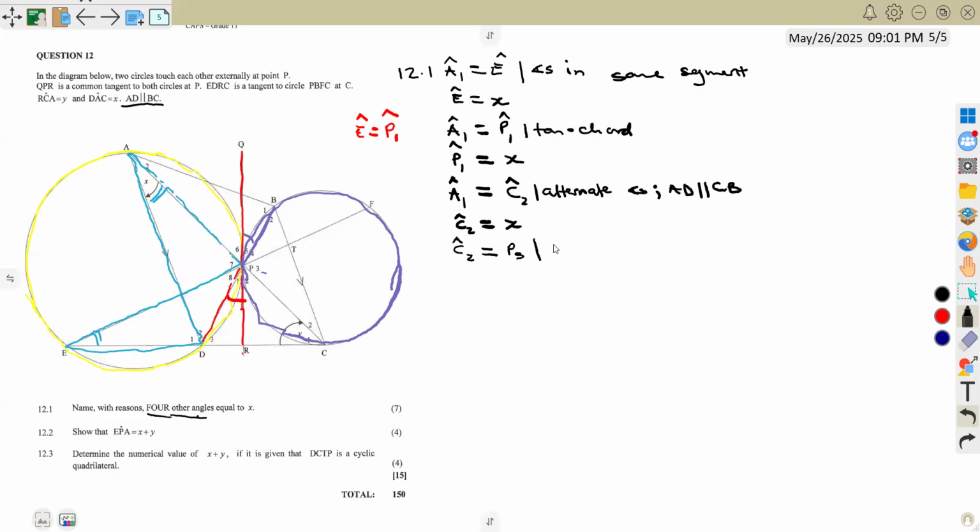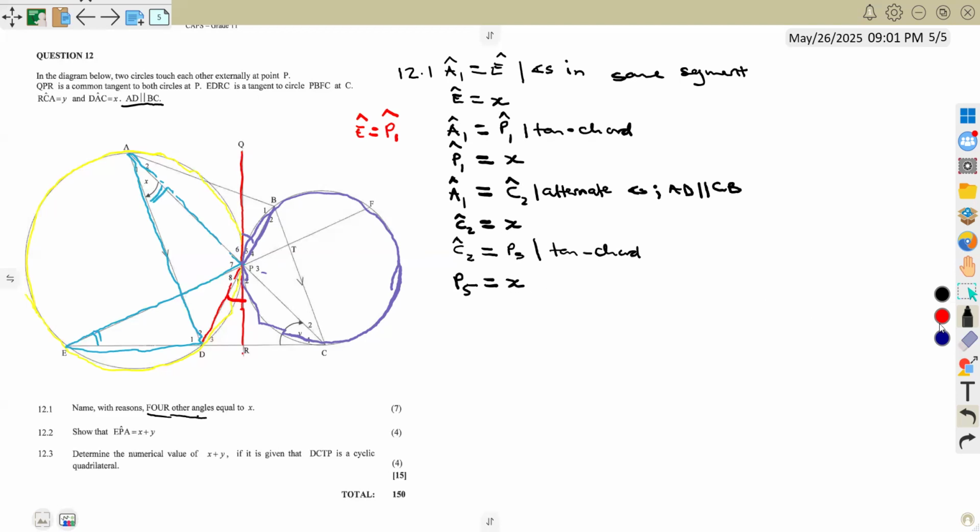The reason there is tan chord. So P5 is equal to X.